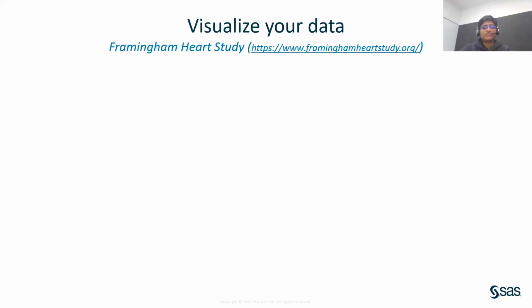Right, so to start off with, for visualizing your data, we are going to take up an example relating to the Framingham Heart Study. Those of you who have been associated with the research area of healthcare and life sciences, especially if you belong to an academic institute, would for sure have come across this heart study. There's also a link which has been plugged in here. You can definitely have a look at this link to get further information.